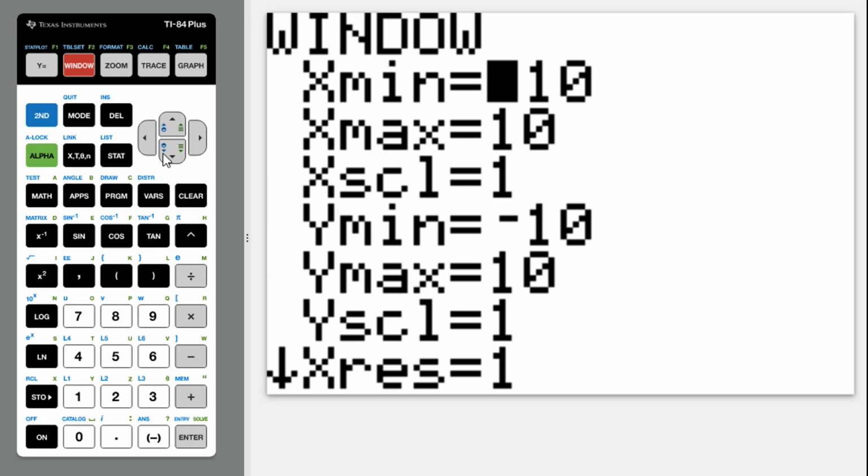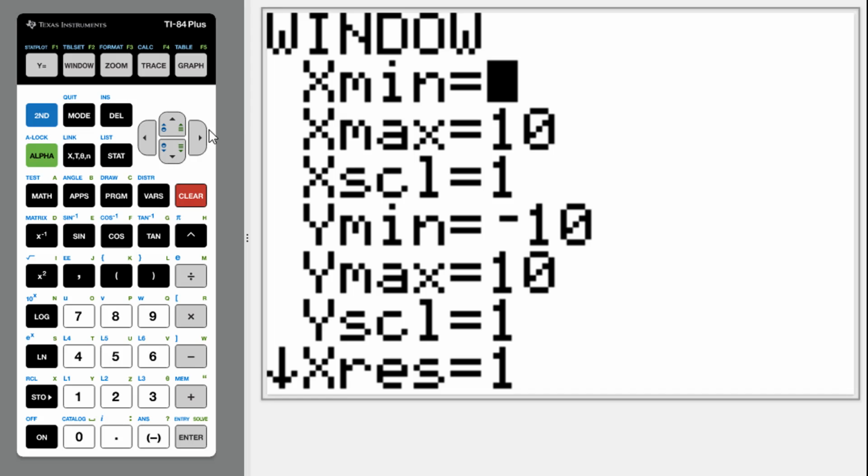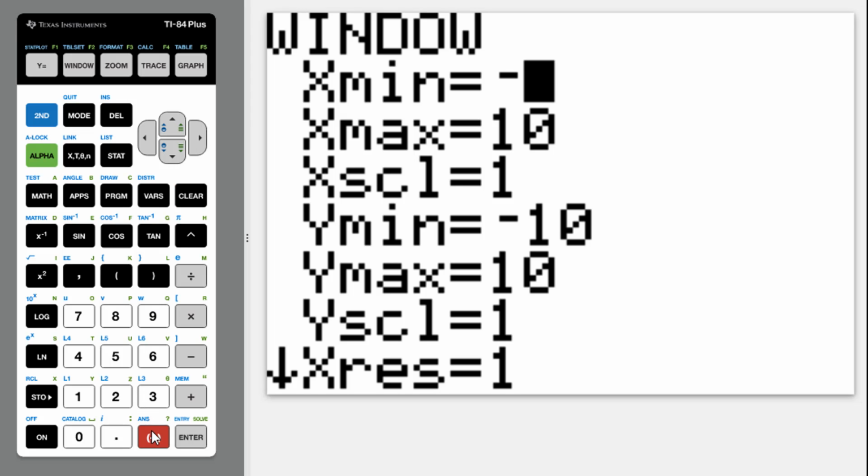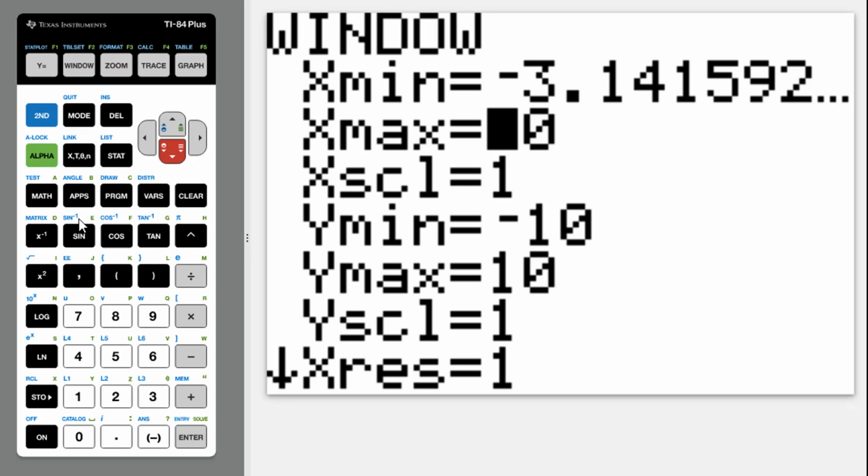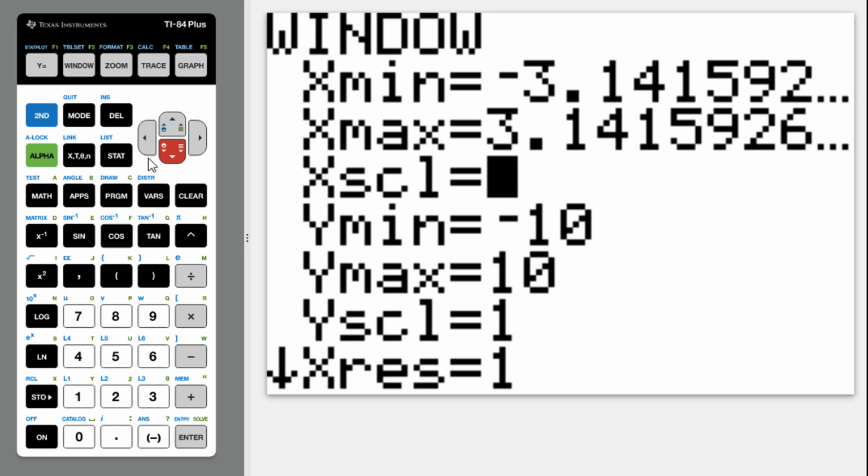Then change the window. We know the domain is from negative pi to pi. So for x minimum, we will put negative pi. For maximum, we will put pi. And for the scale, we will put period over 4. You can put pi divided by 4 here.